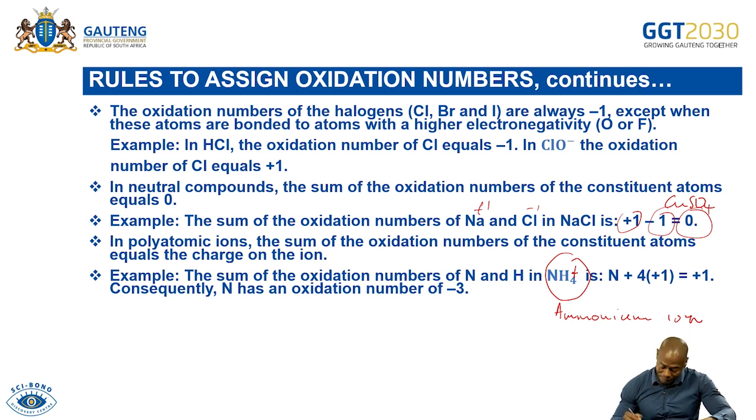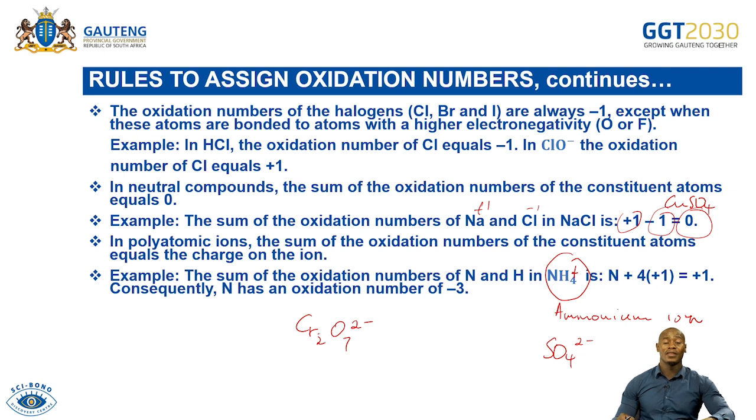If I'm having SO4 2 minus, the sum of the oxidation numbers of sulfur and oxygen should give me negative 2. If I'm having Cr2O7 2 minus, the sum of the oxidation numbers of chromium and oxygen should give us what? Negative 2. So that's what they're trying to say here.